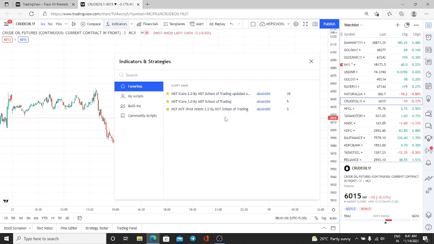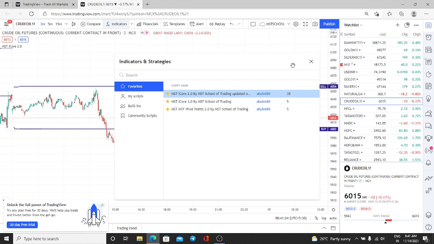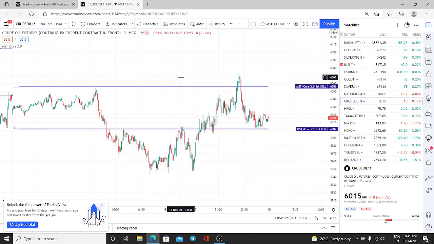In the favorites you will see the indicators you have subscribed to. We have three indicators: two are based on this strategy and one is based on price action. Now we will be teaching you the MST ICO 2.0. Just click on that indicator and it will automatically be added to your chart.